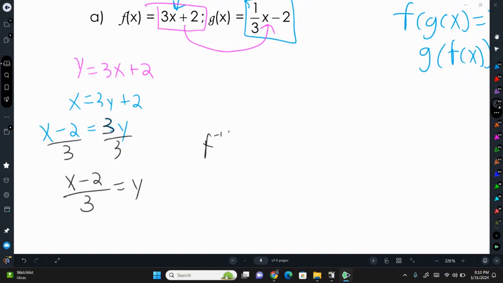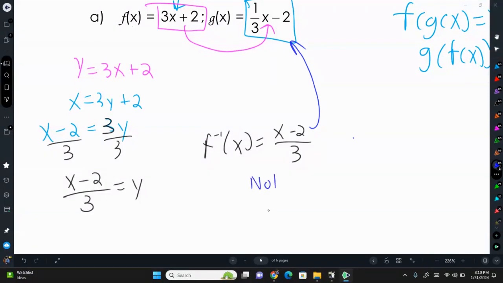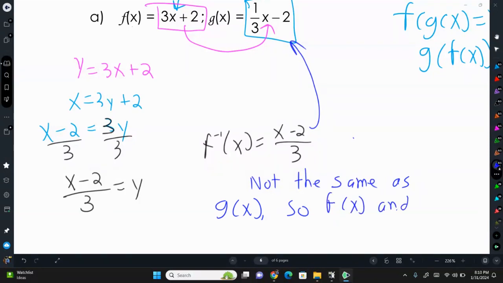So the inverse of f of x is x minus 2 divided by 3, which is not the same as g of x. So f of x and g of x are not inverses.